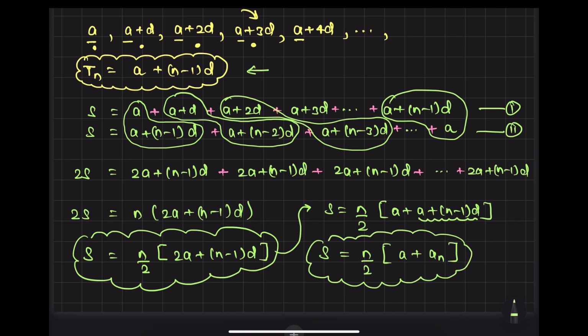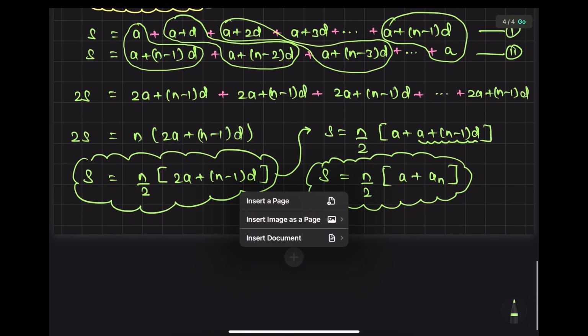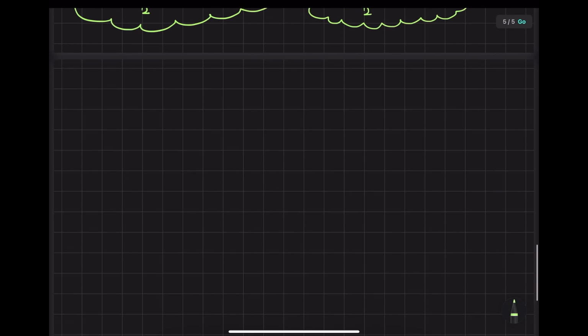So these are the two things that you have to memorize: the formula for nth term and the sum of n terms, where I will write a is the first term. Okay, d is common difference. Okay, now suppose that I have given you this question Tn.